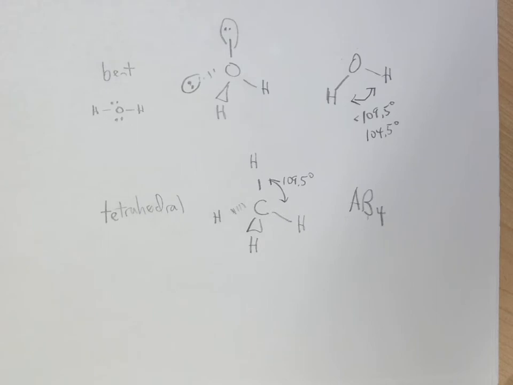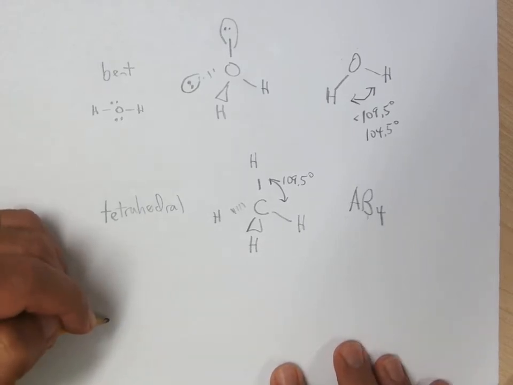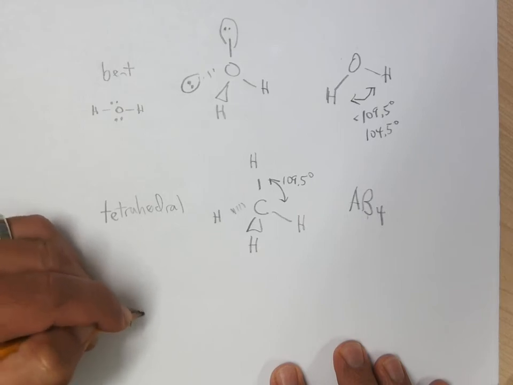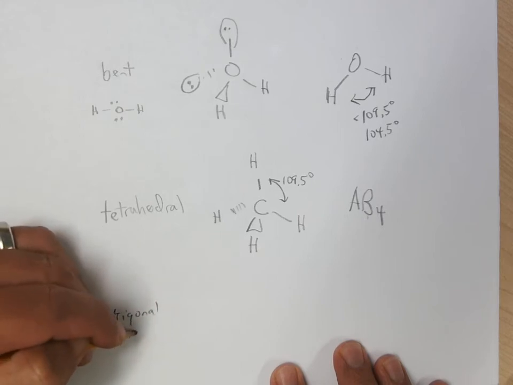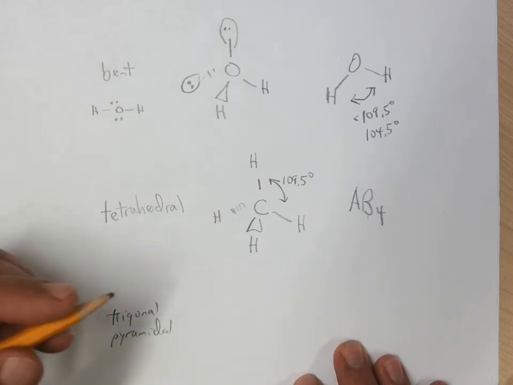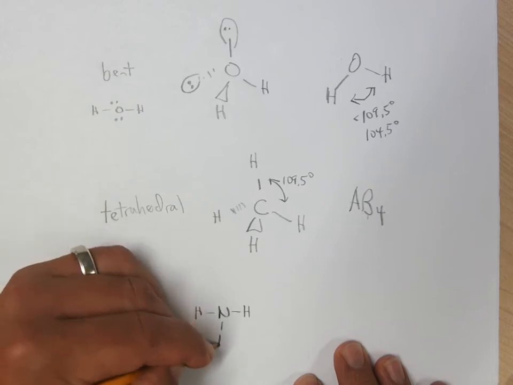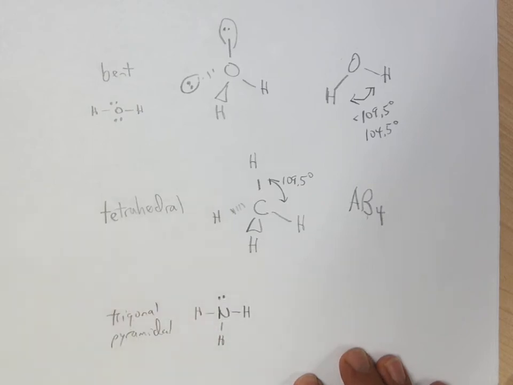The other shape that's derivative of the tetrahedral electron domain geometry would be trigonal pyramidal. And a great example of that would be ammonia. So in NH3, you have a lone pair and 3 atoms on the central atom.